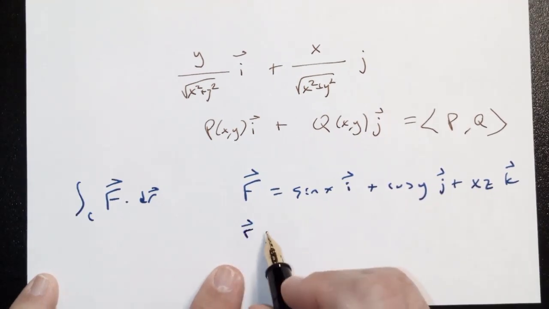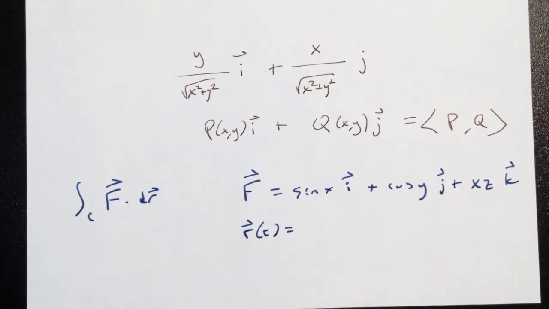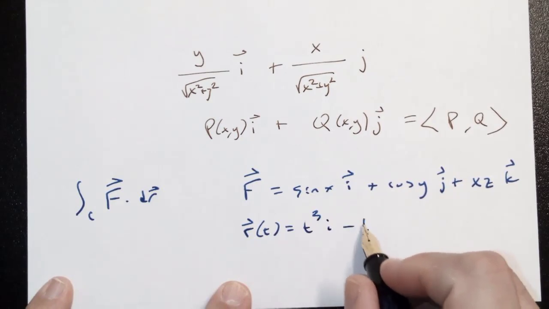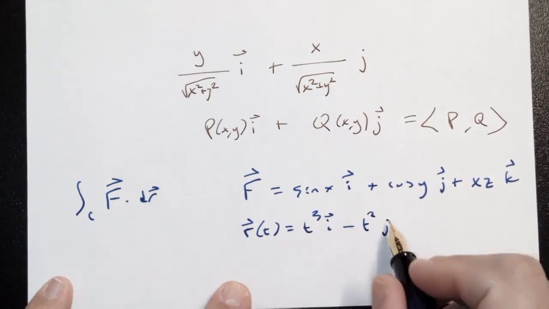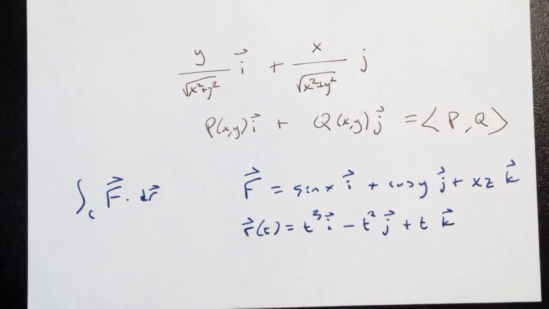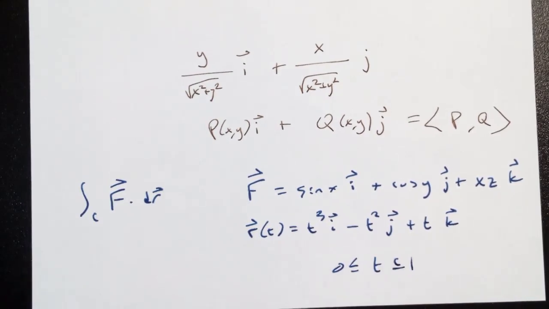And r itself is t cubed, minus t squared, plus t cubed i minus t squared j plus t k. It also gives me a range for t. It says 0 less than or equal to t less than or equal to 1. So far, so good? Okay.